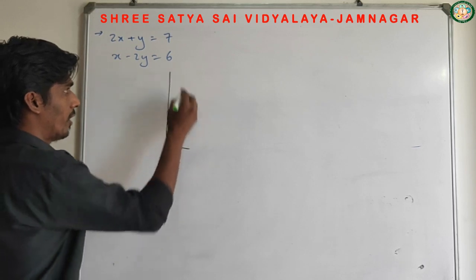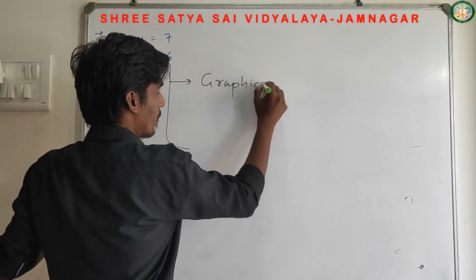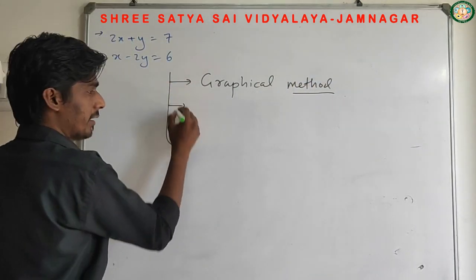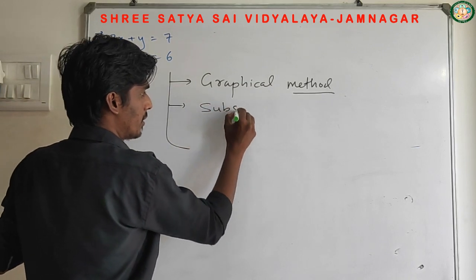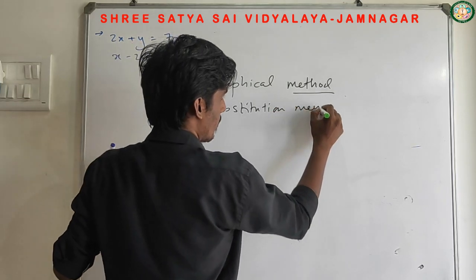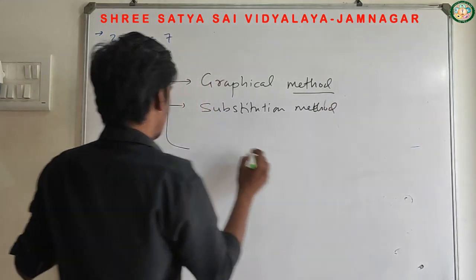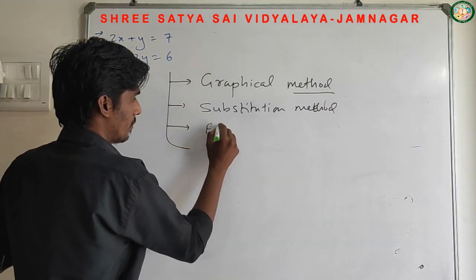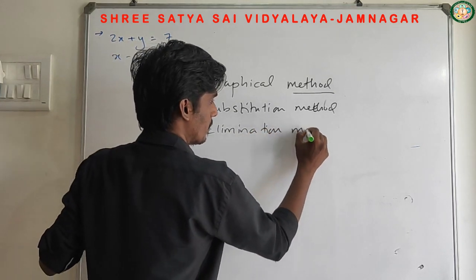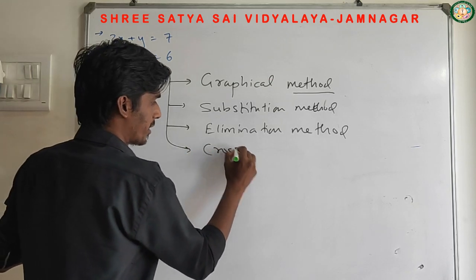Here the first method is the graphical method to find the solution. Then it's the substitution method. Third is the elimination method, and the last is the cross multiplication method.